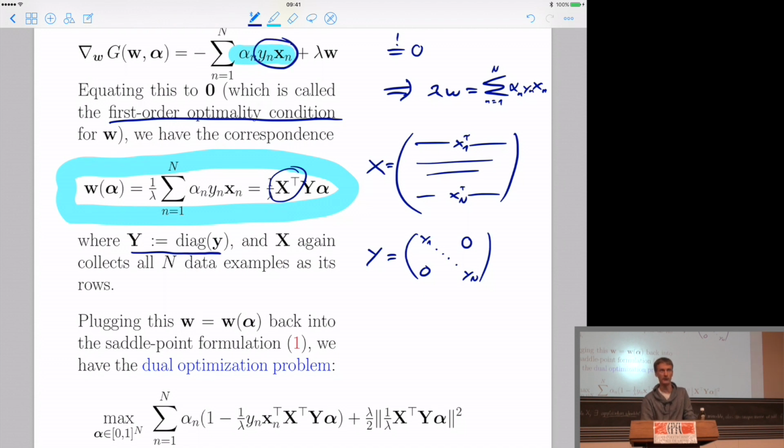That's what we want, Y times X. And then they're all summed up with the alphas. That's what happens when you multiply with alpha in the end. So just rewriting this is an easy way. How do I get my W now? So just multiply with the data matrix. Any question on this one?